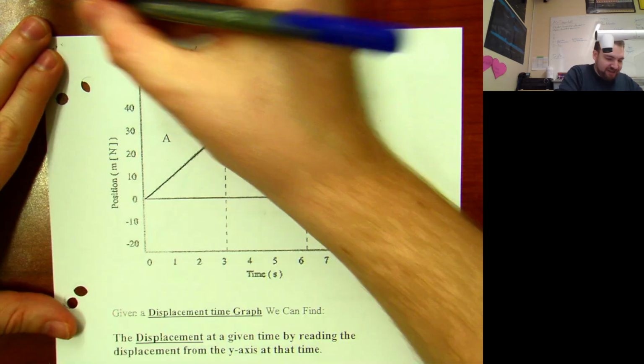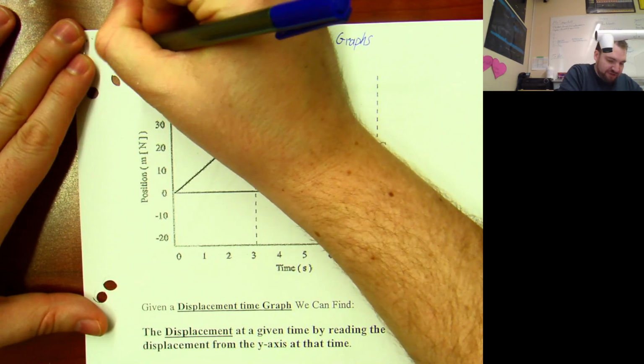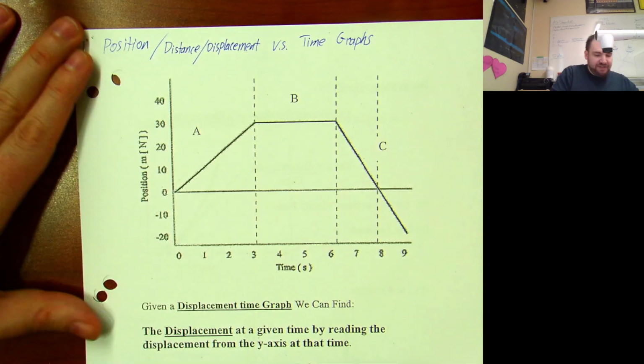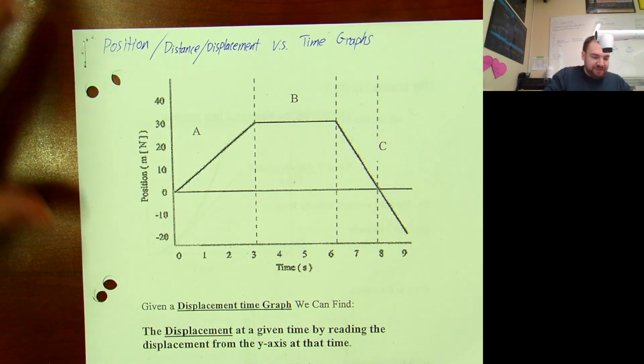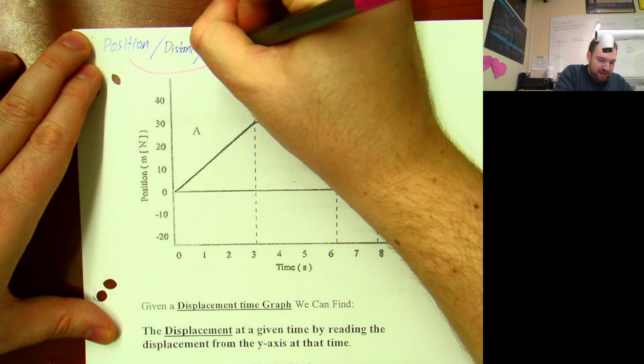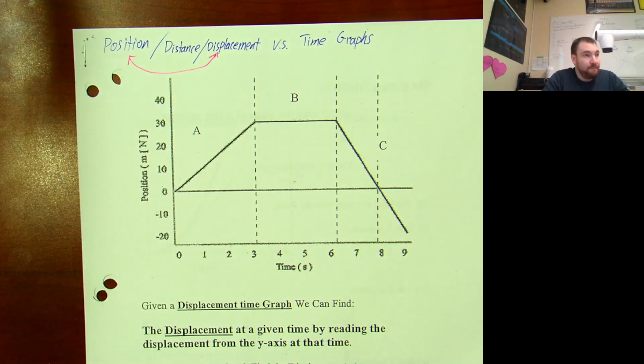And in fact, at the beginning here, I'll toss position in as well. Position, distance, displacement versus time graphs. They all are very similar. The relationship between position and displacement is what, again, if we remember? What is the relationship between position and displacement?